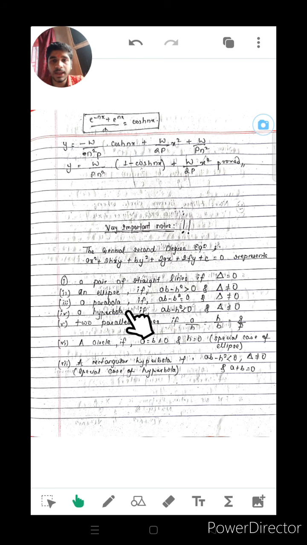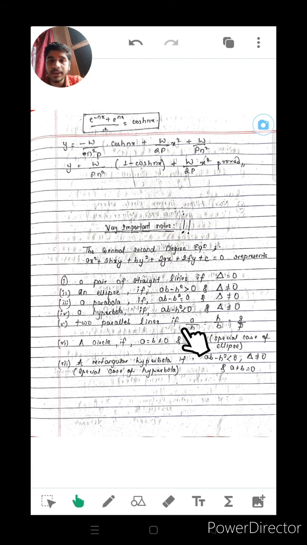A hyperbola if ab minus h square equals 0 and this determinant is not equal to 0.